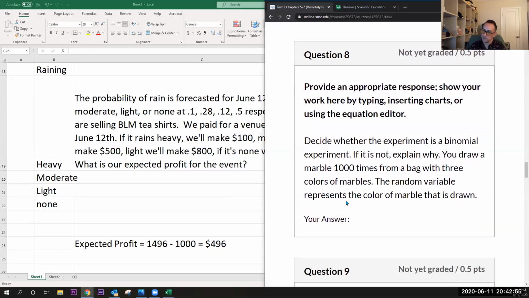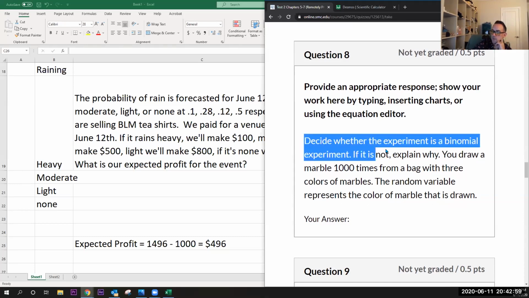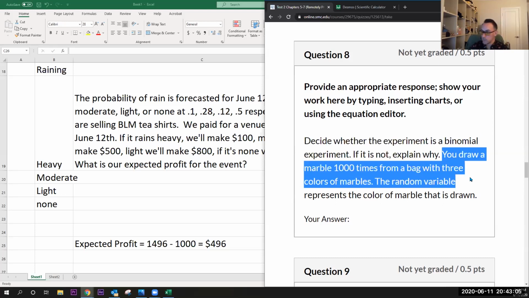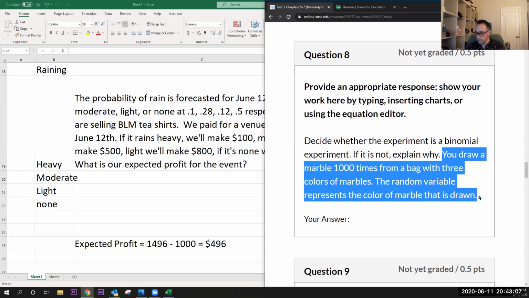Is this binomial? Next question says, decide whether this experiment is binomial. You draw a marble 1,000 times from a bag with 3 colors of marbles. The random variable represents the color of marble that is drawn. What do you think? Is that a binomial random variable?